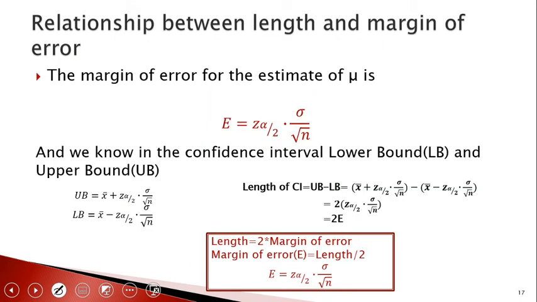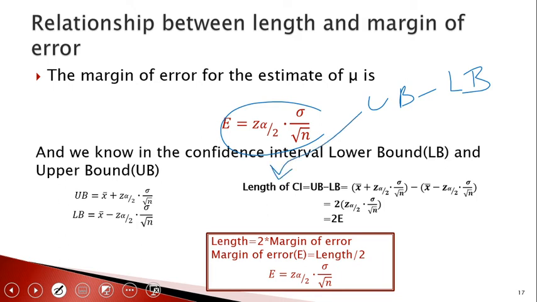Again, there is what we call the relationship between length and margin of error. This is your margin of error, and length. How do you calculate the length? Length means upper bound minus lower bound. That's what we call length.